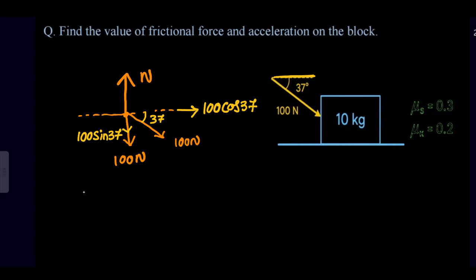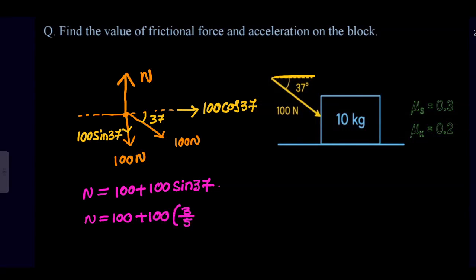That means N is equal to 100 plus 100 sin 37. Sin 37 is 3 by 5. So this N value will come to be 100 plus 60, which is 160. This is the normal reaction.